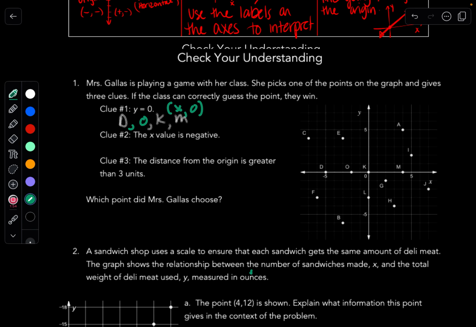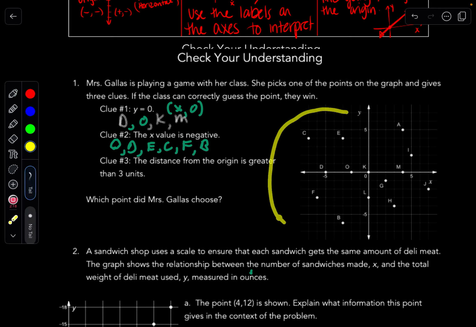I'm just going to start reading off: OD, comma D, comma E, comma C, comma F, comma B. It's any point that's to the left of the y-axis, because to the left of the y-axis is when x is negative.